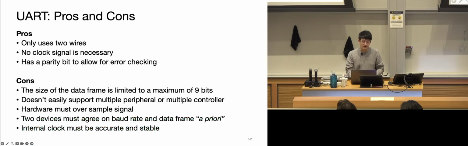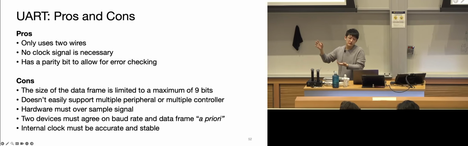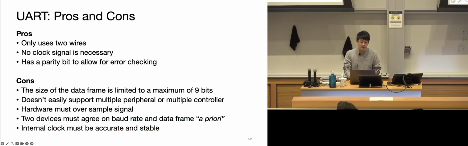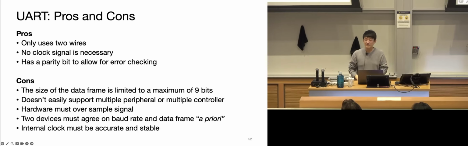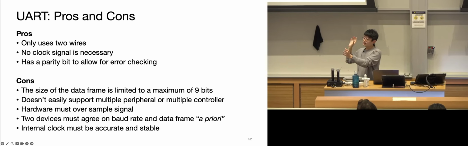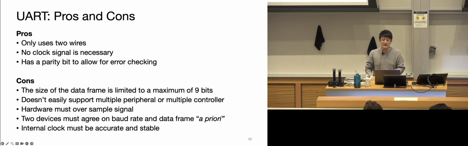And they have to have an agreed upon baud rate and data frame beforehand, so you have to decide this before you start the communication, and usually it's not common to change during the communication. And the internal clocks for both devices need to be accurate and stable, because this entirely depends on how well your clock is when you're trying to clock in data. It has to be stable, otherwise you're going to get gibberish data.